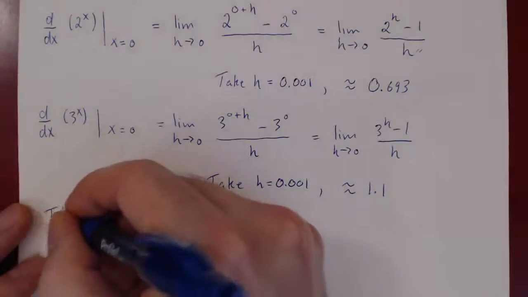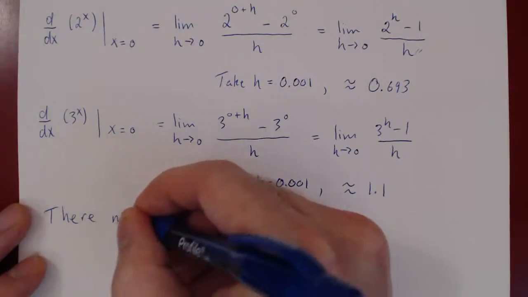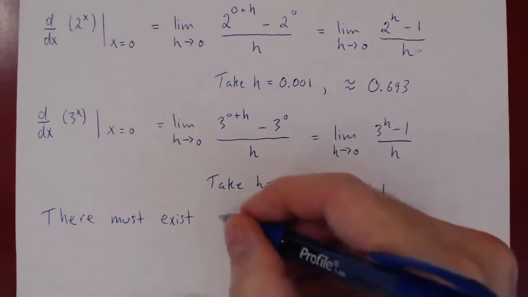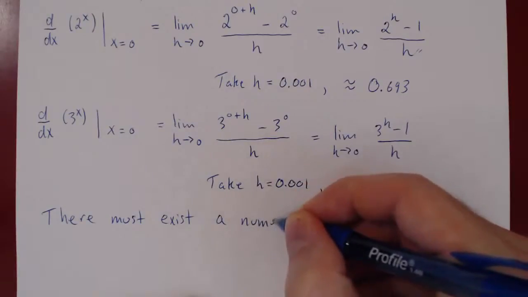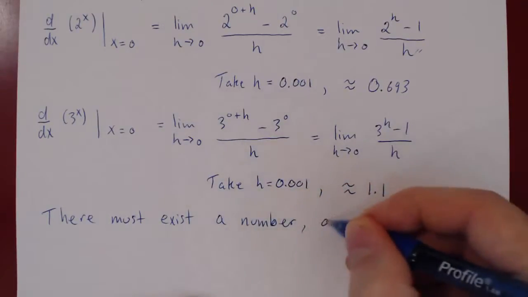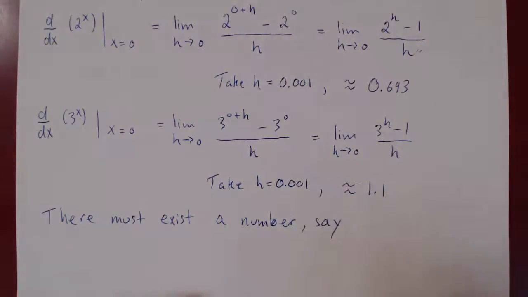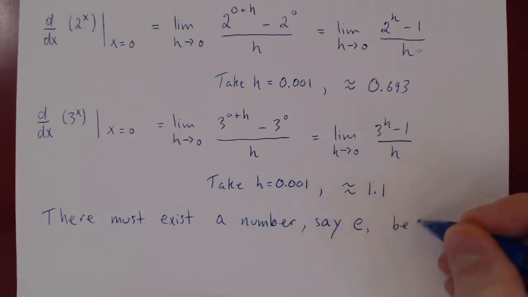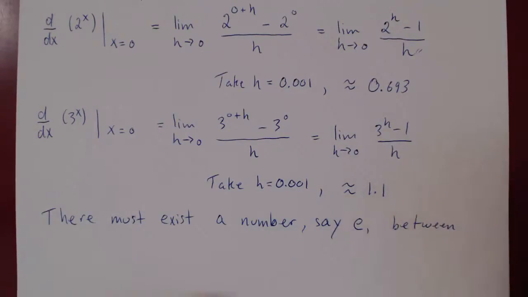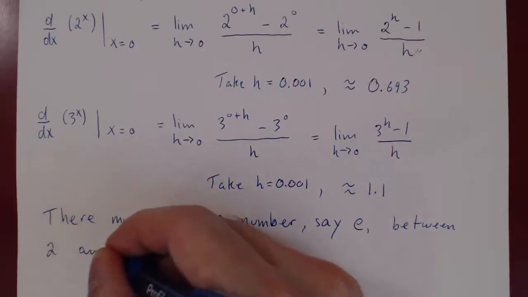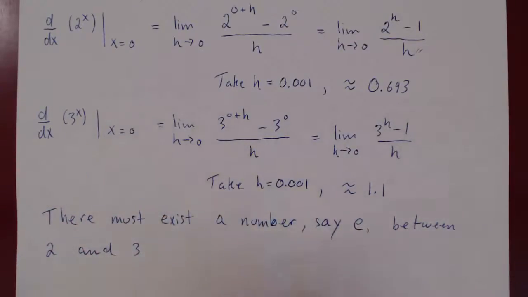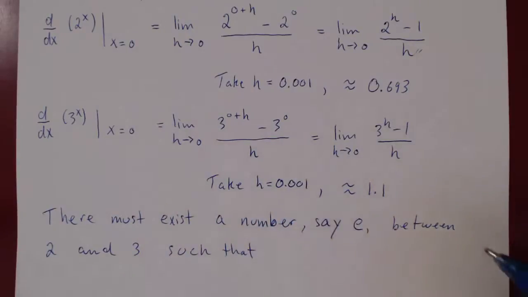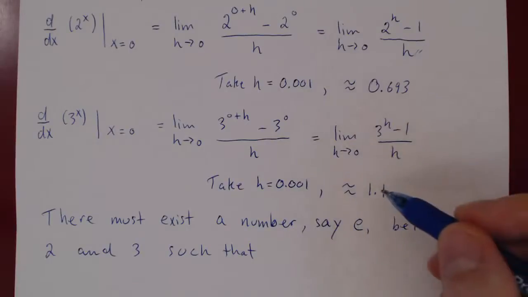So there must exist a number, and we'll call this number e, between 2 and 3, such that the slope at 0 is exactly equal to 1.